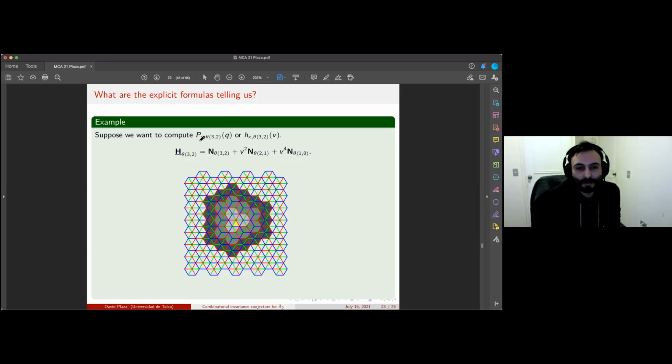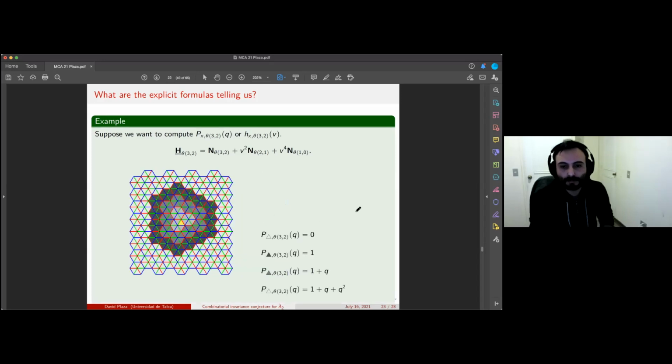Notice that till this moment we have not used the first index, in this case x. But of course, the exact value of the Kazhdan-Lusztig polynomial will depend on this x. And for this example, we have the following formulas for the Kazhdan-Lusztig polynomial. So we have 4 cases. A Kazhdan-Lusztig polynomial in this example could be 0, 1, 1 plus q, or 1 plus q squared.